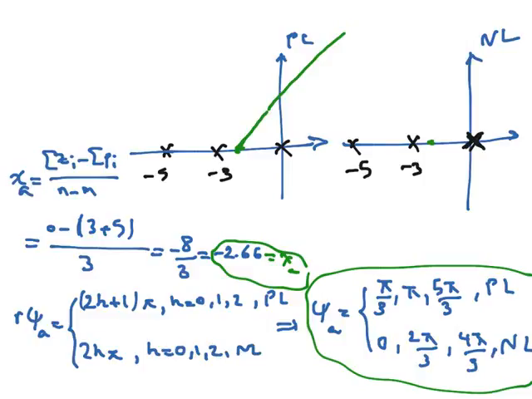The other one with the angle of pi, and the third one with the angle of 5π/3. In the case of negative locus, we will have one asymptote with the angle of 0, the second one with the angle of 2π/3, and for the next one we will have 4π/3 as the angle.